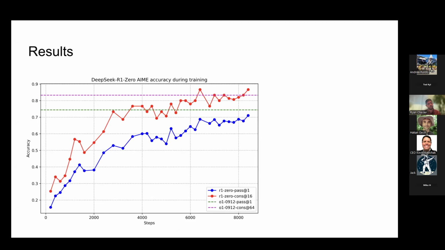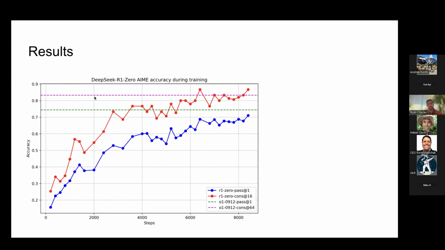So here's a chart of the results. This is just showing as they're doing training steps, it starts from very, very poor accuracy. So this is R1-Zero. As they're doing more and more GRPO steps, it's getting better, better, better. And this green line here is O1, and they're also taking consensus.